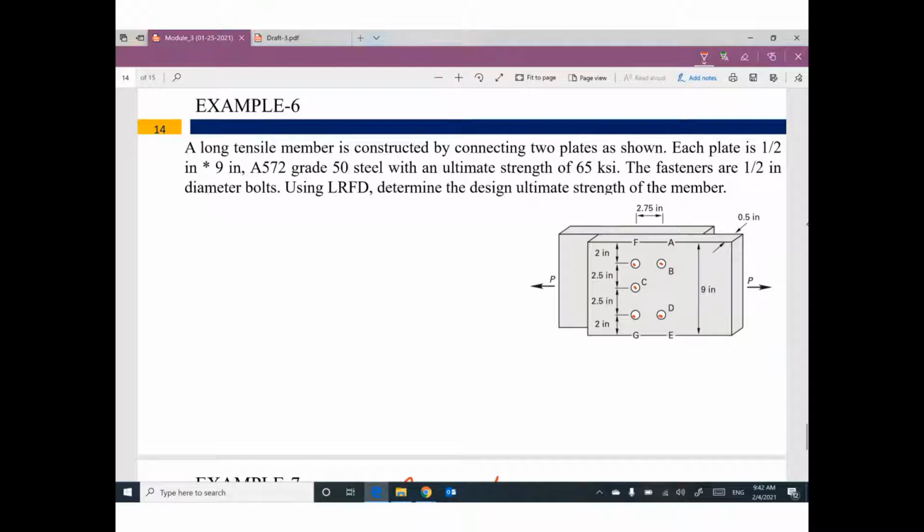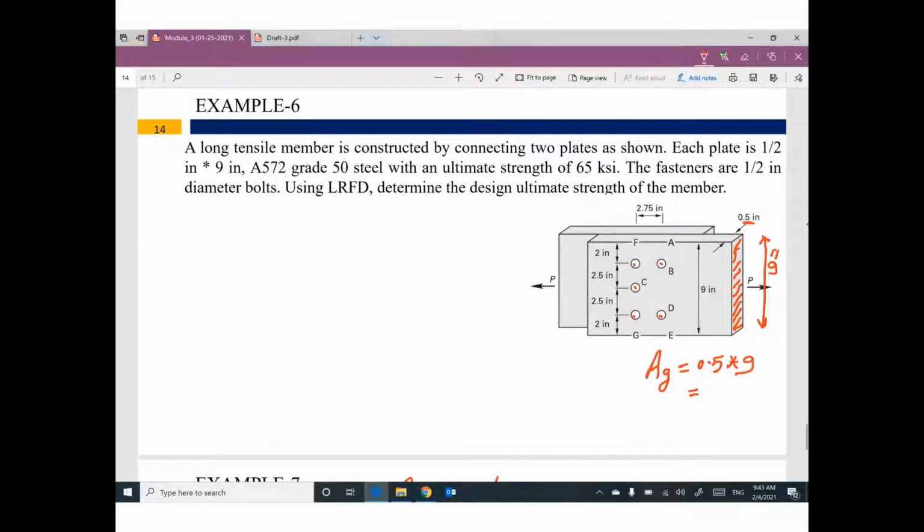Each plate is half-inch thickness and 9-inch width. If you follow the given information, the thickness is 0.5 and the total width of this plate is 2 plus 2.5 plus 2.5 plus 2, it will be 9 inch. So the area gross of this plate will be 1/2 times 9.